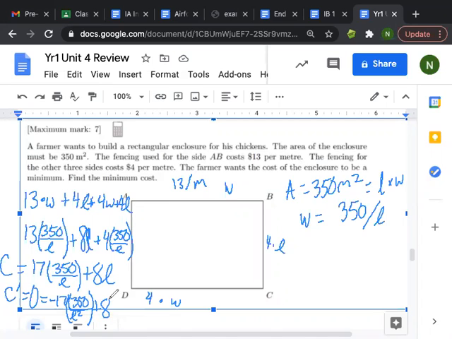So then it's equal to 0, correct? Negative 8L squared is equal to negative 17 times 350. Somebody else is going to have to do algebra for me. I don't have my calculator on me.